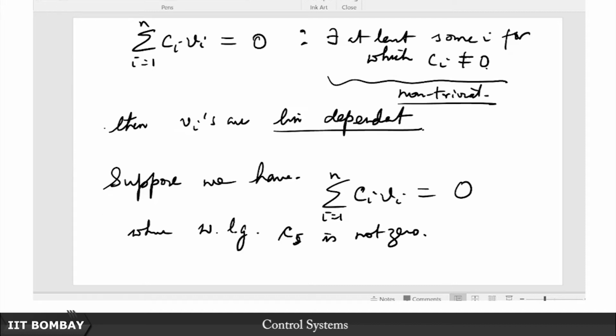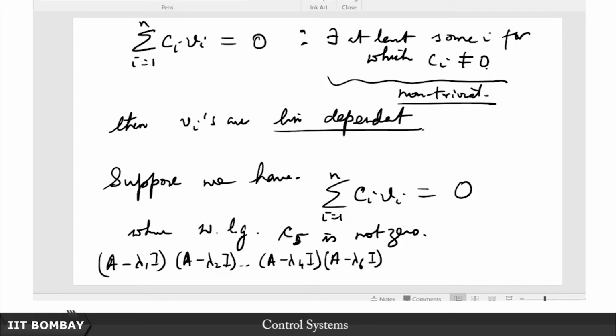Then what I do is this: I hit it with A minus lambda 1 I times A minus lambda 2 I times dot dot dot A minus lambda 4 I, and then I skip the A minus lambda 5 I term and write A minus lambda 6 I. Because I have considered that C5 is not 0, let me omit that particular term and multiply with n minus 1 such terms: A minus lambda 1 I, A minus lambda 2 I, A minus lambda 3 I, A minus lambda 4 I, then skip A minus lambda 5 I and continue with A minus lambda 6 I, A minus lambda 7 I, till A minus lambda n I. And what is my hope in doing so?